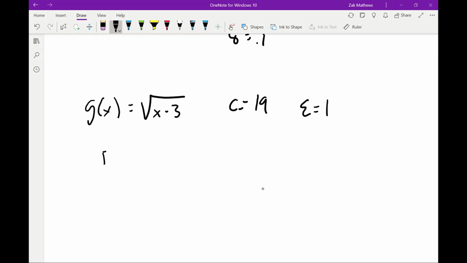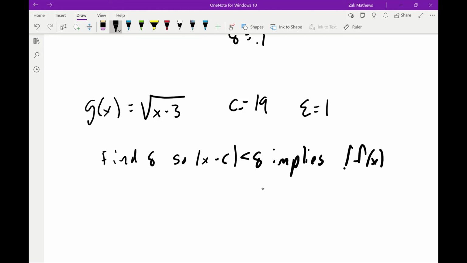Let's find delta so that the conditions hold. So |x minus c| less than delta implies |f of x minus L| is less than epsilon.